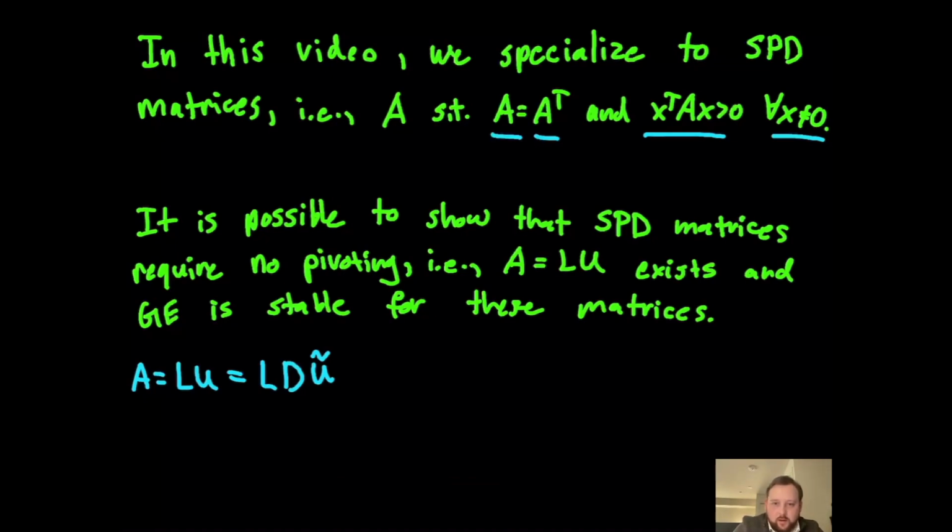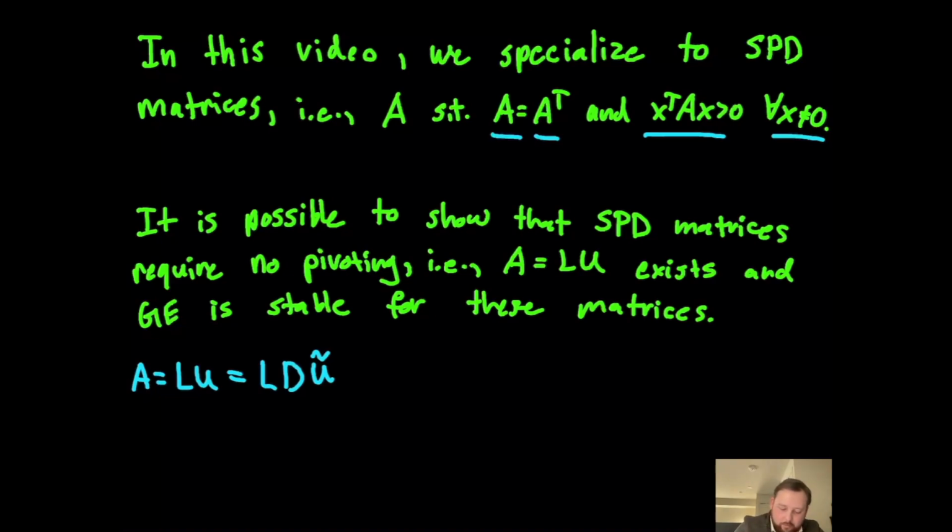It could be generally anything positive. And then this U tilde has a unit diagonal now. It's an upper triangular matrix with a unit diagonal. You can think of this LDU as a slightly different version of the LU factorization. You can always get one from the other.